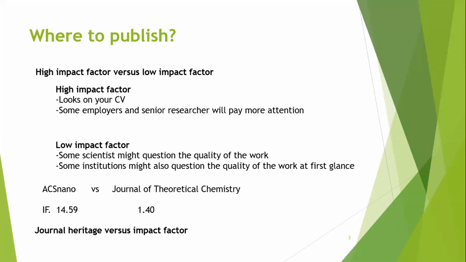Publishing in high impact factor journals will also cause some employers to look at you favorably. They look at it and they say, oh, this person can do this level of work. A principal investigator for a group might also become more interested in you.